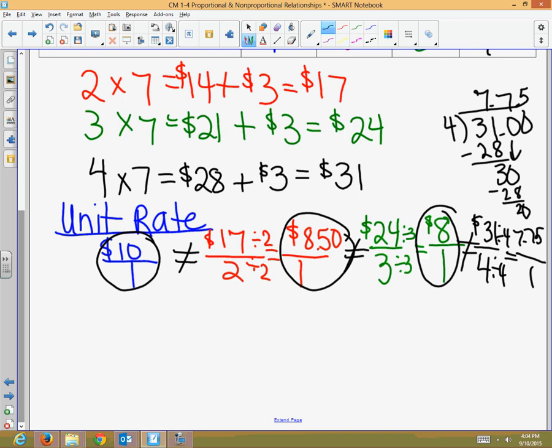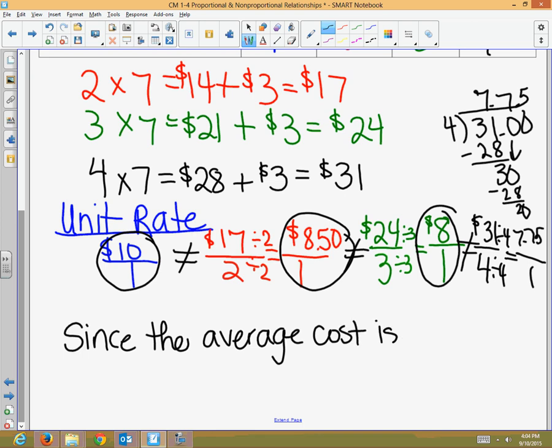So to explain, I'm going to say, since the average cost is not equal or equivalent, this is not a proportional relationship.